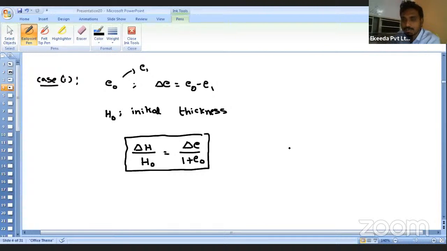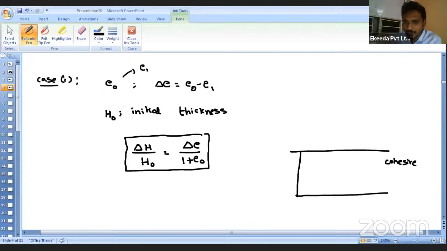Suppose you have some compressive soil, and let us assume that the soil thickness is 2 meters. Initially, without any application of pressure, let us assume that the initial void ratio is 0.98.